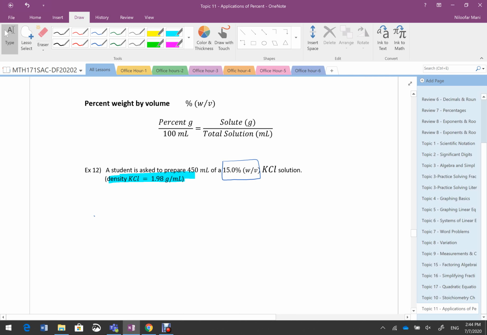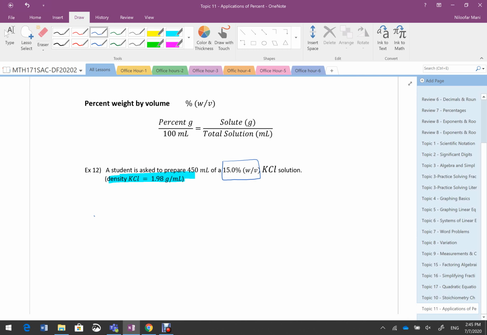A student is asked to prepare 450 milliliter, because I said total is in volume, of this percent W over V. In this case, I need to know the density. So the density of KCl, how much gram I have per milliliter. Okay, so how can I change weight to volume? How can I go from W to V?